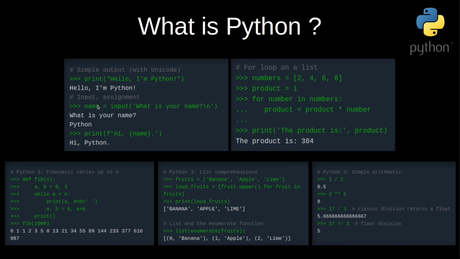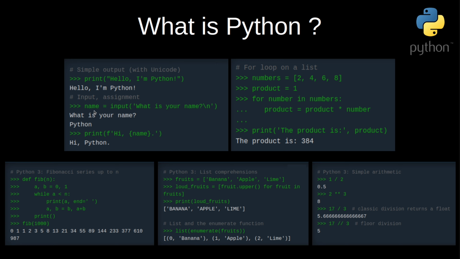So this name word here, in case you don't know, is a variable. In Python, we do not have to set or define the type of the variables we are assigning any expression or result to. It's automatically assigned.